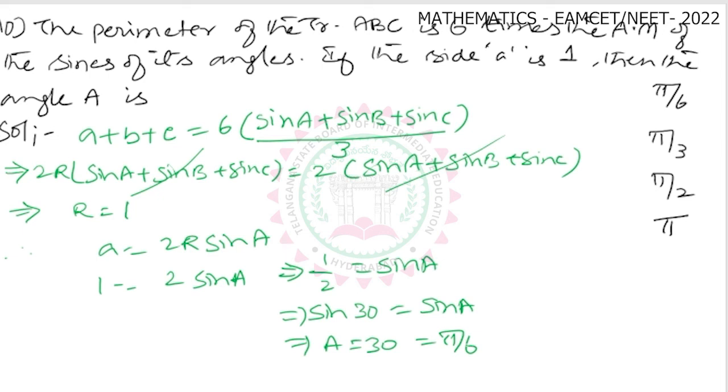So what is my answer? First option, right? So what is the answer? First option, that is, sorry, 30 degree, that is pi by 6. Is it clear?